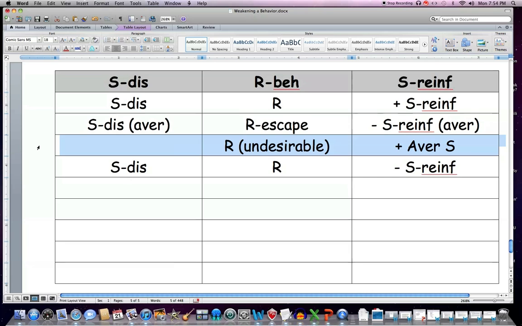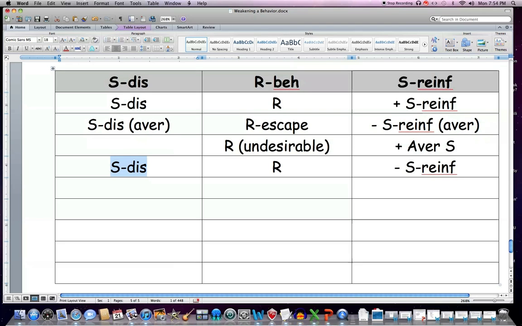Next, we've got two examples of weakening. We have an undesirable behavior which is performed, and then immediately after we have the addition of an aversive stimulus. And then finally, we've got some type of discriminative stimulus, a behavior, and then the stimulus is removed. Seems a bit like negative reinforcement in some ways, except that this is not an aversive stimulus.